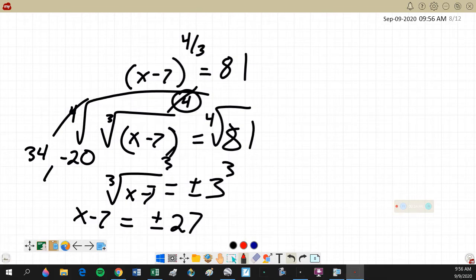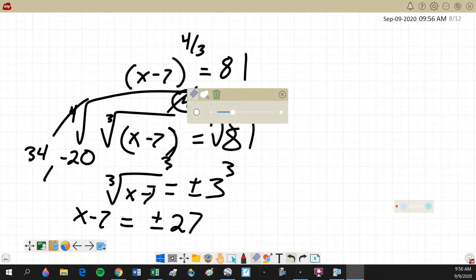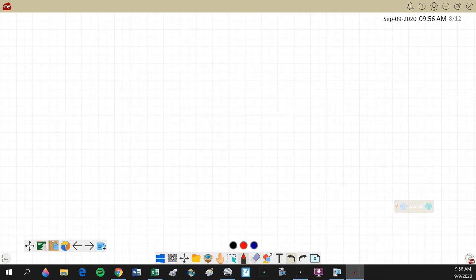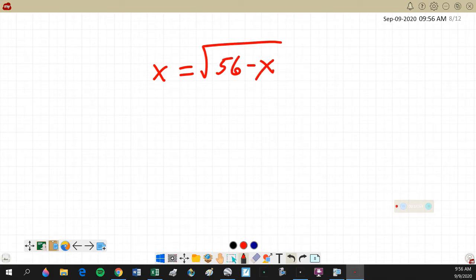Okay. Look at number 32. 32 says x equals the square root of 56 minus x. Does this have a solution? I hear yes. I see somebody shaking their head no. You're both right.